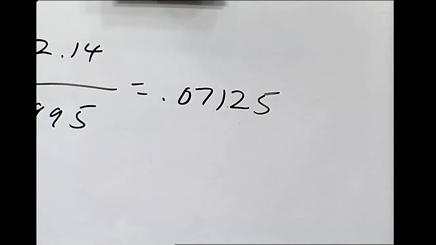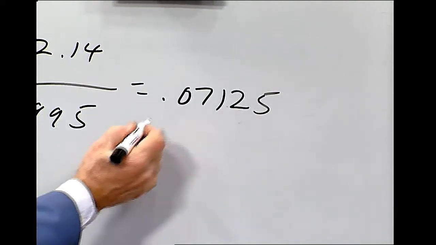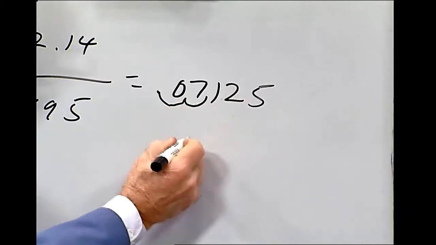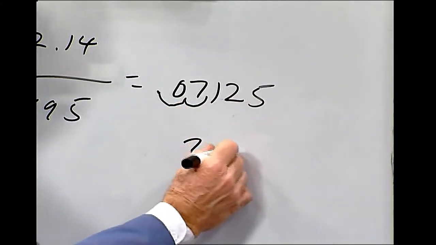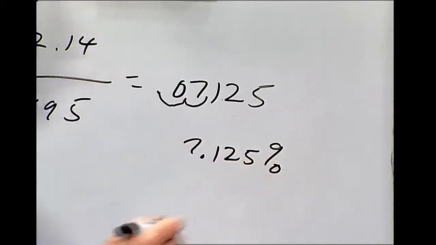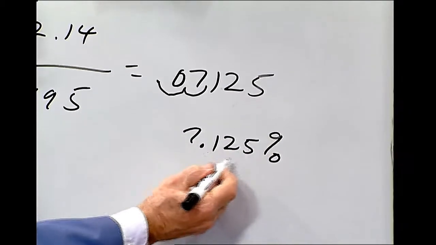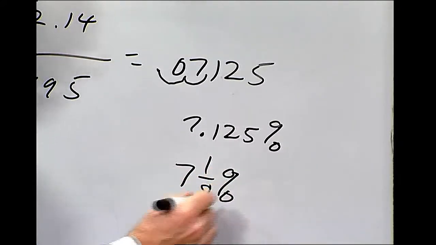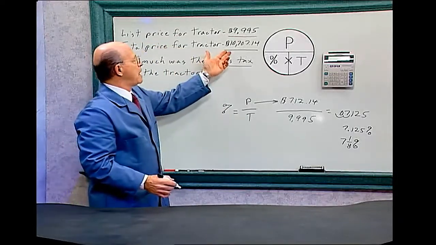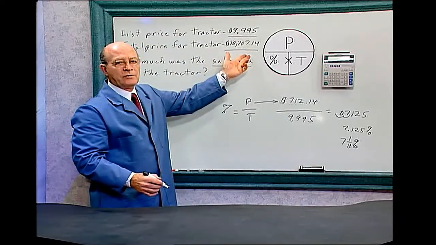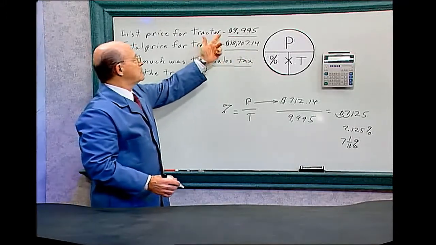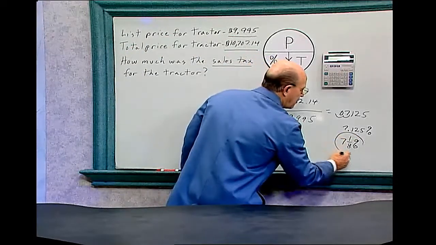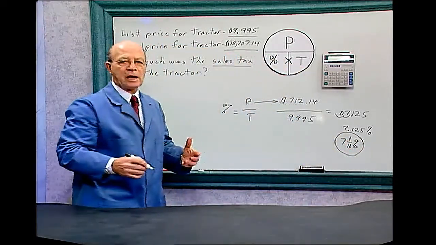We round that up to 5, and to get the percentage, all we have to do is move the decimal point 2 places to the right, 1, 2, and so that would be 7.125%, and we know that 0.125 equals 1/8%. So if you pay $10,707.14 for this tractor, and the list price was $9,995, you paid 7 1/8% sales tax.